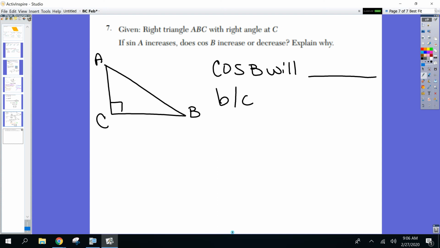All right, here we go. First step. What do you know about angles A and B? They're complementary. So we're asked about these two. What do you know about them if A and B are complementary?